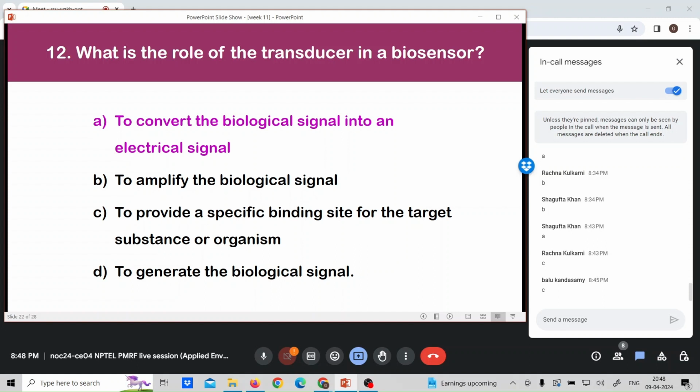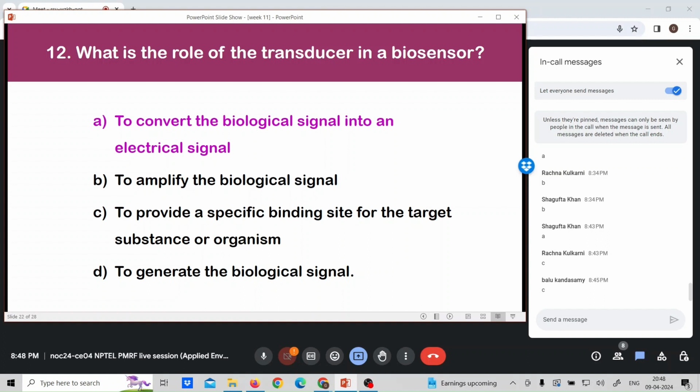So it's a very minute thing that's happening in the sensor, and to get a readable output there is necessary for this amplification, and transducer may involve in the amplification, but the role of transducer is not amplifying, and neither it generates the biological signal.